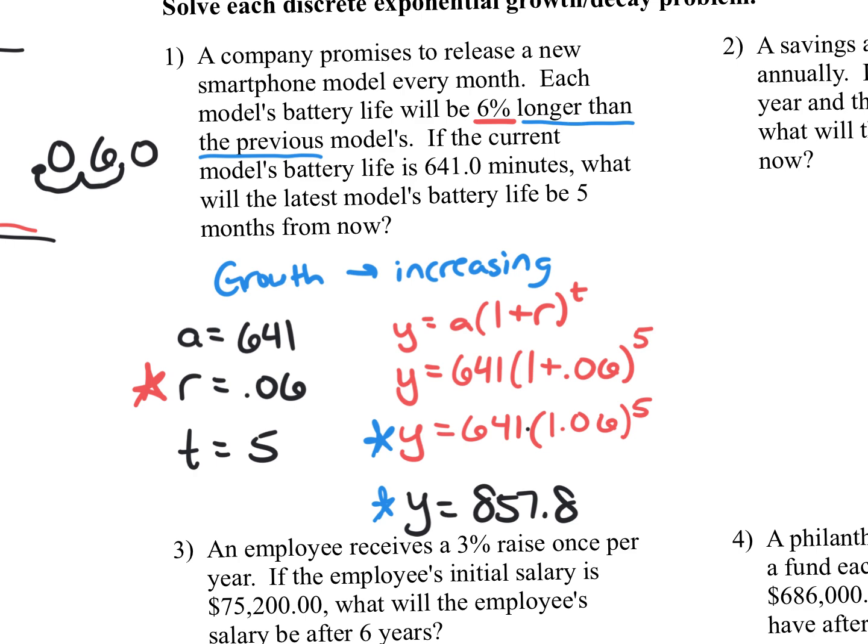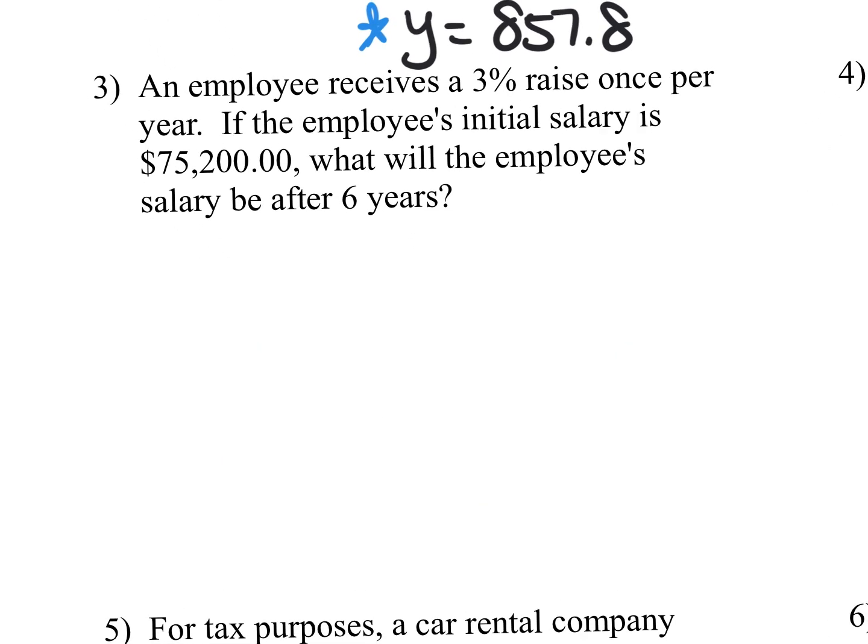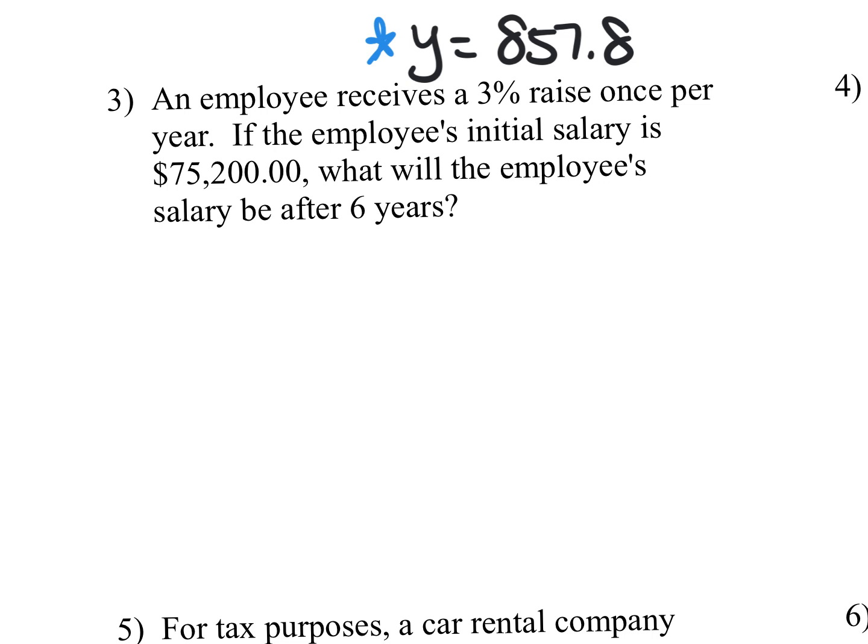Okay, this one. It says an employee receives a 3% raise once per year. Are we increasing or are we decreasing? What gives it away that it's increasing? It's a raise, right? So are we doing growth or decay? Growth. And let's talk about our values. What is my initial amount? 75,200.